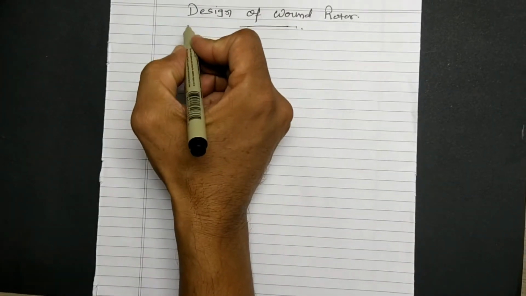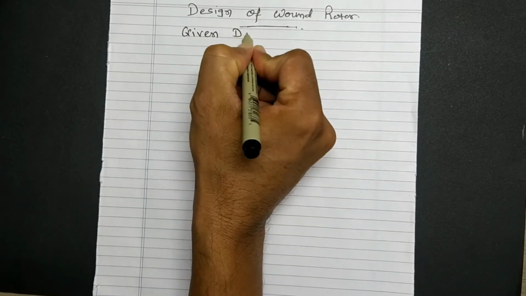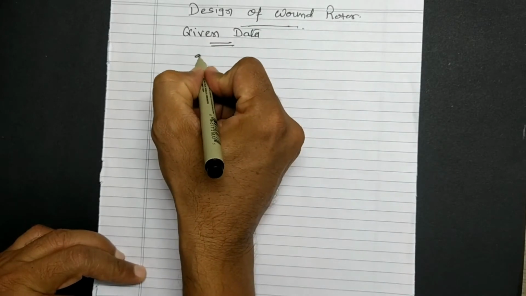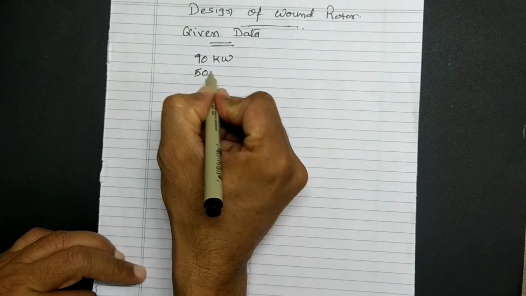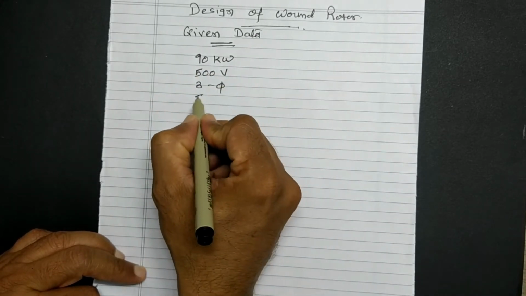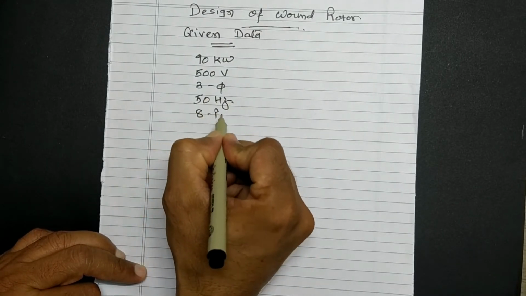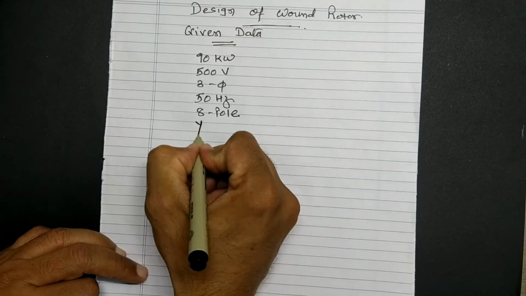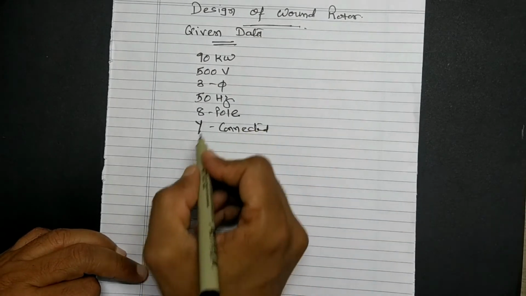For example, let us take as given data: a 90 kilowatt, 500 volt, 3 phase, 50 hertz, 8 pole, star connected induction motor.